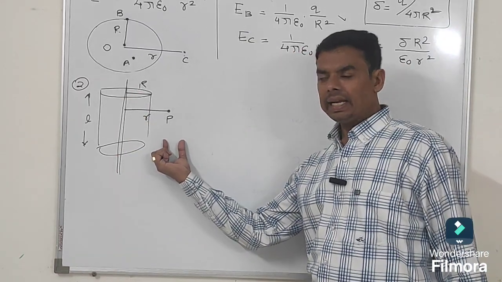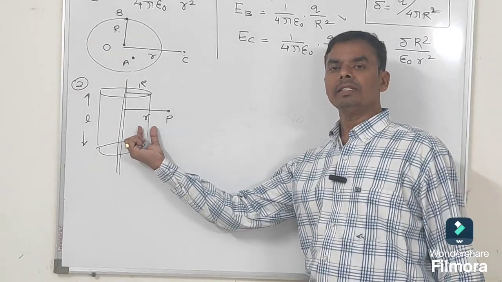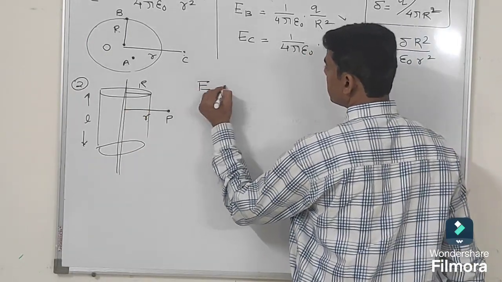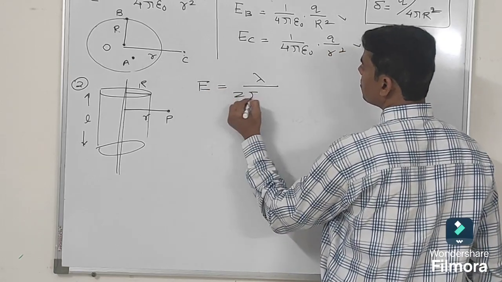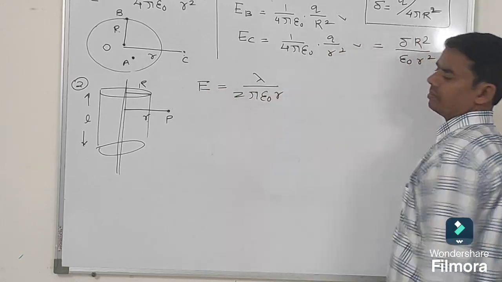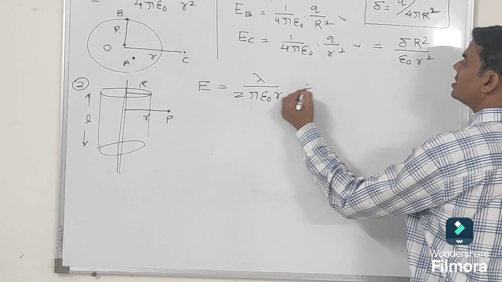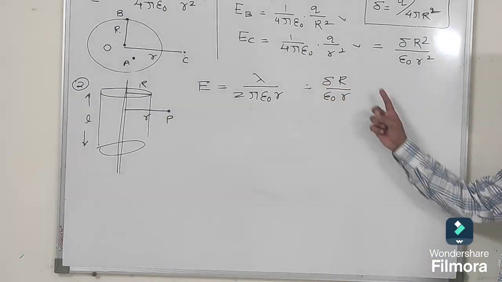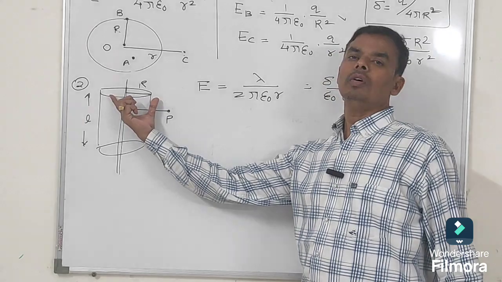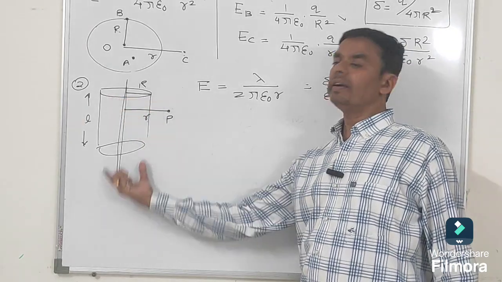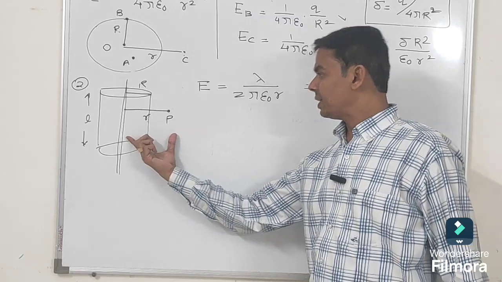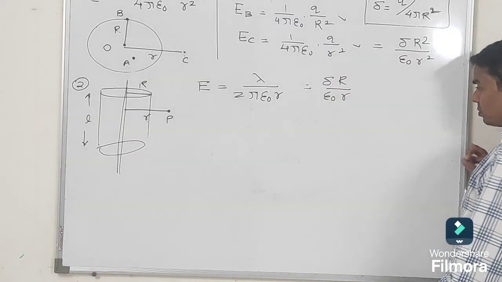It is E is equal to lambda upon 2 pi epsilon 0 r, or sigma capital R upon epsilon 0 small r, where capital R is the radius of this cylinder, and small r is the distance of the point from the axis of the cylinder.